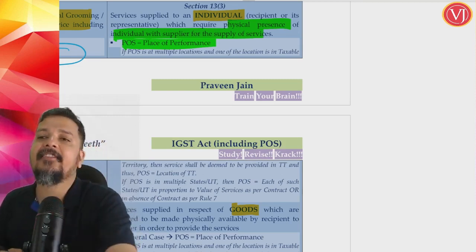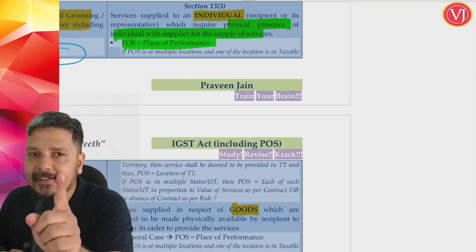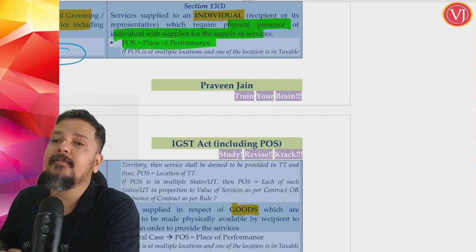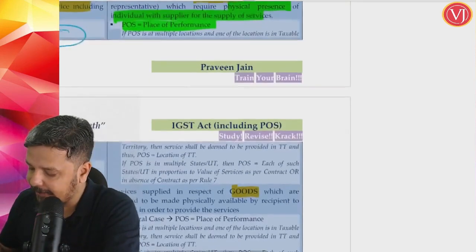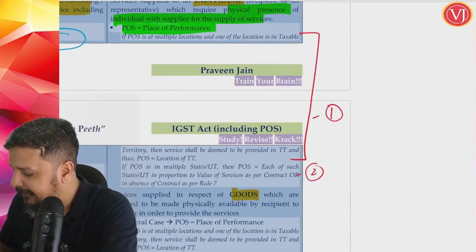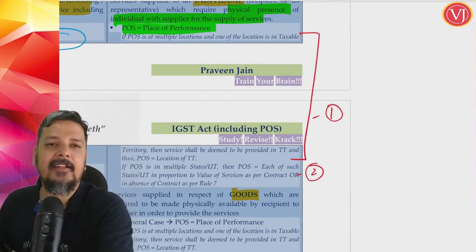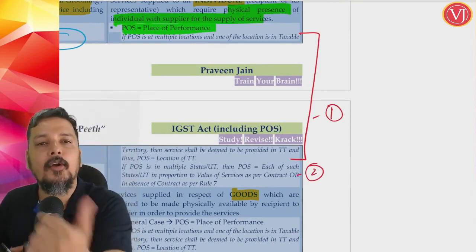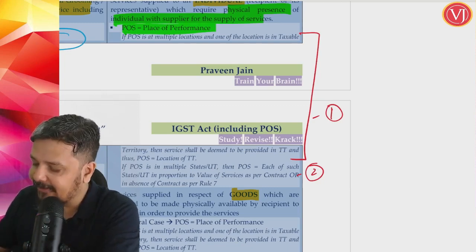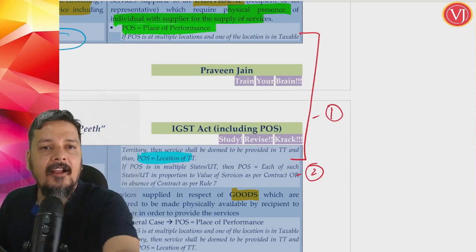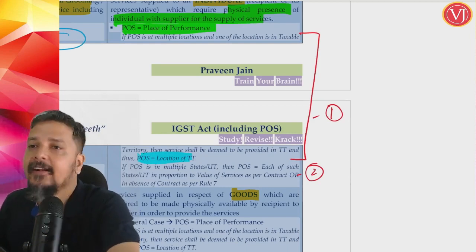But unlike section 12, section 13 recognizes the fact that you can get multiple answers. Just like immovable property, they are very clear. If you get multiple answers, part in India, part outside India, they tell you to forget about the part outside India, because place of supply is location in taxable territory.